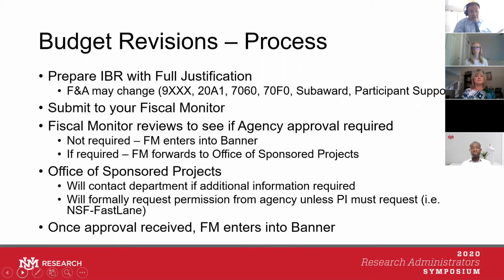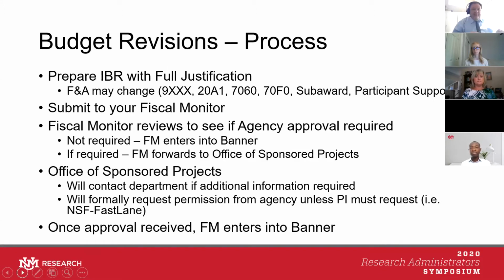If it does require prior approval, it's forwarded on to the Office of Sponsored Projects. Office of Sponsored Projects would then contact the department if they need additional information. And all this is actually done through that workflow process sometimes.